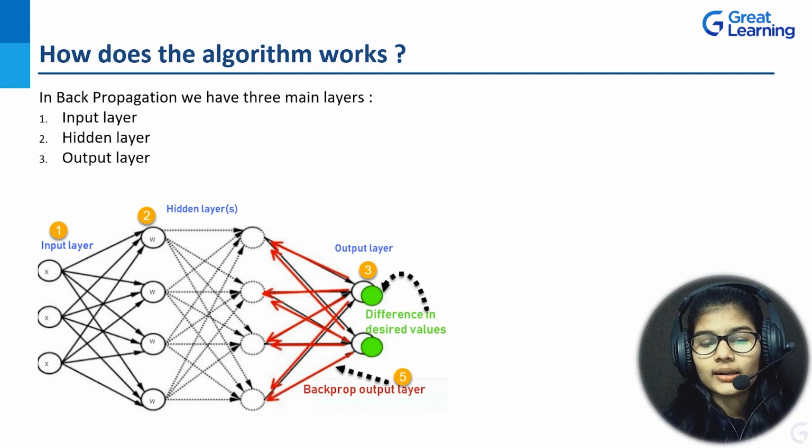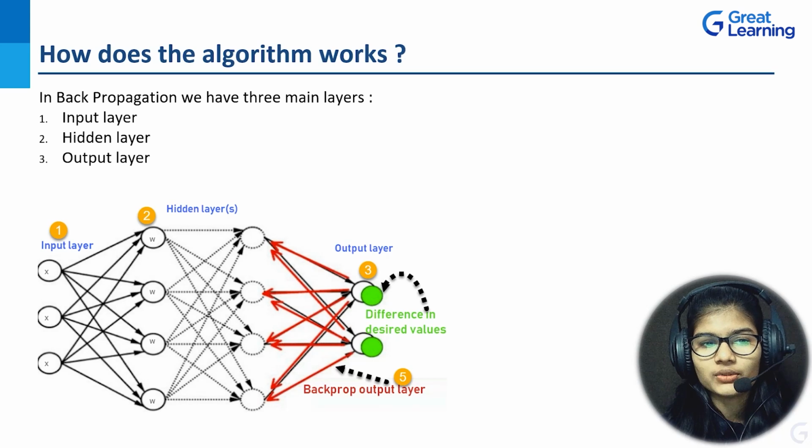Next, for reducing that error, we try to adjust the hidden layers so as to reduce the difference between the actual values and the desired values. Okay, so the first one here is your input layer, the second one is your hidden layer, and the third one here is your output layer.